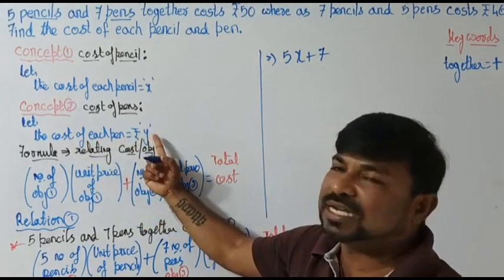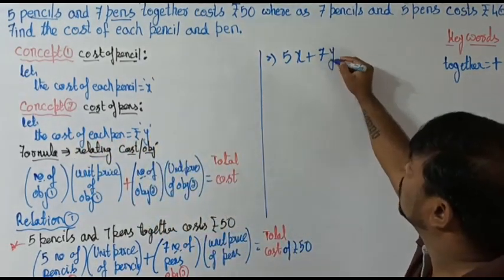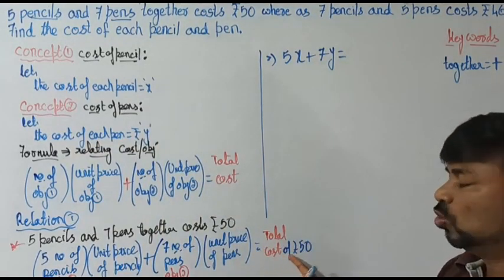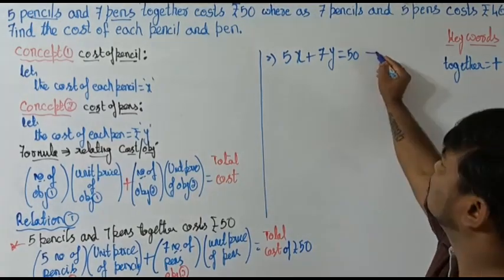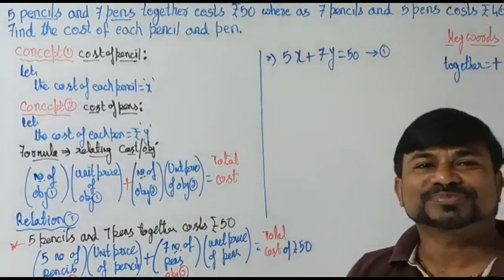The cost of each pen is y. Equals the total cost, which is 50. This is the equation 1.